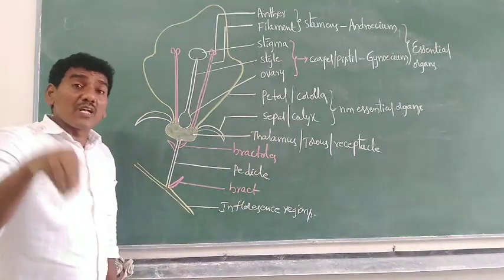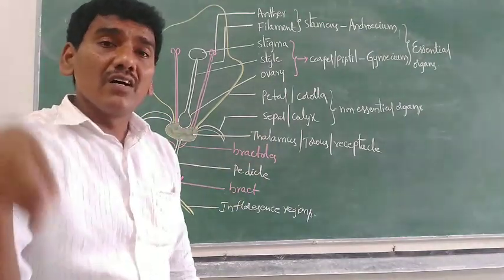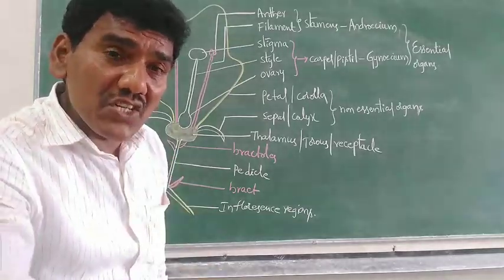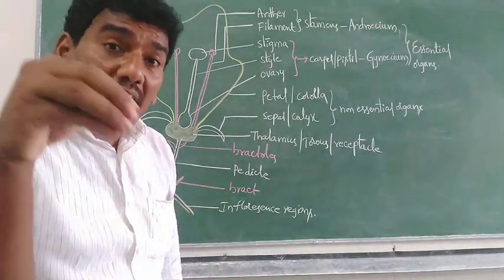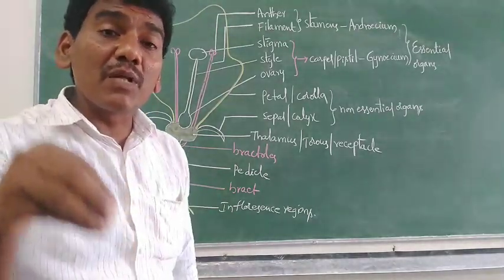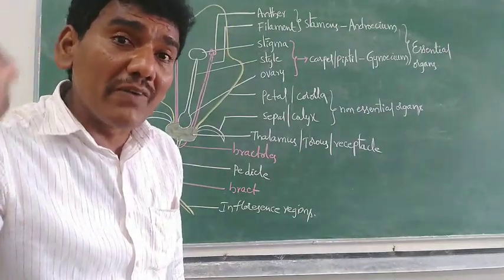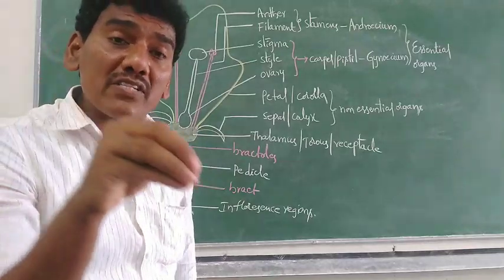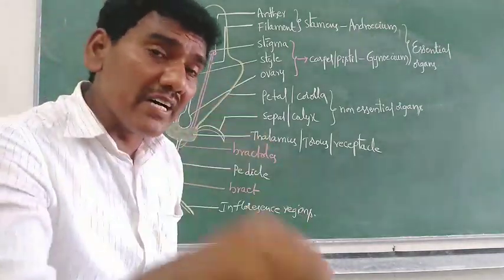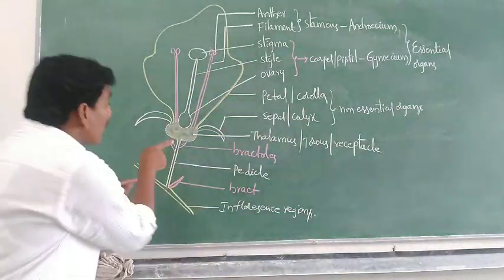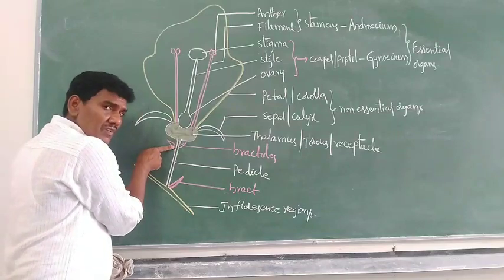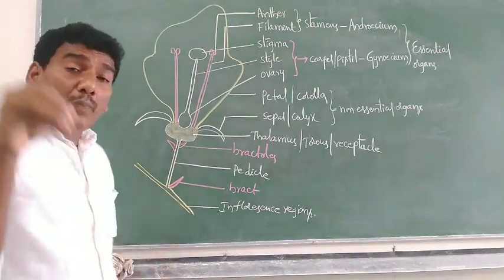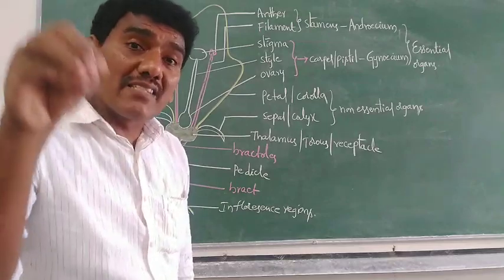Here, bracteoles are present just below the thalamus region. If bracteoles are present, that type of the flowers are called bracteolate flowers. If bracteoles are absent, that type of the flowers are called ebracteolate flowers. Bracteoles are present in only some of the plants.